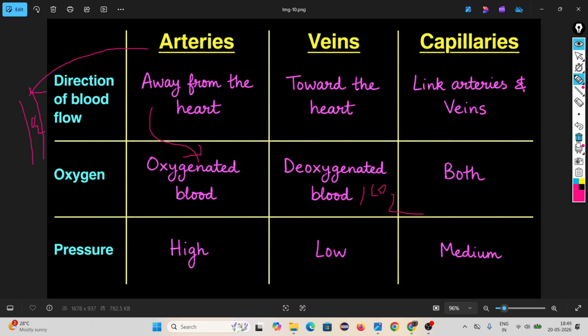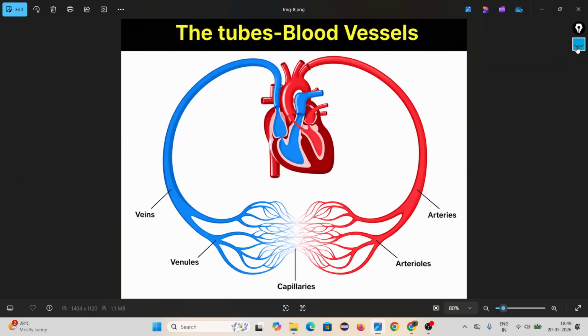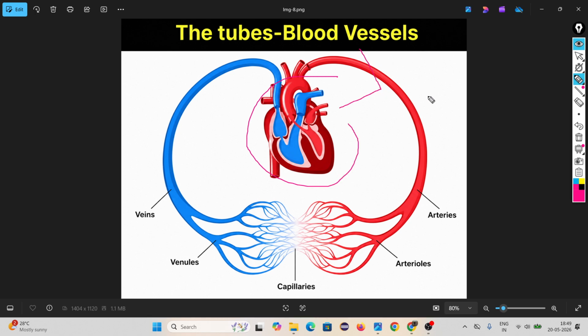Pressure. Think. Look, this is our heart. Some blood vessels take blood away from the heart, and some carry blood towards the heart. Then think, for sending something away, you require pressure, right? Suppose a bottle is filled with water.